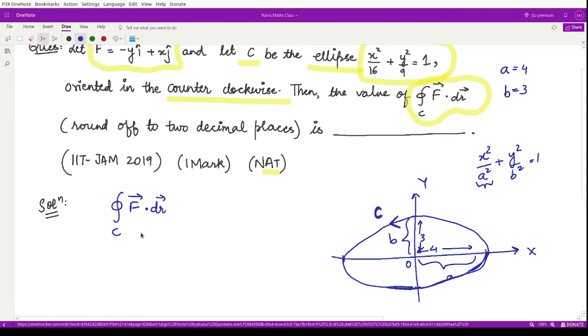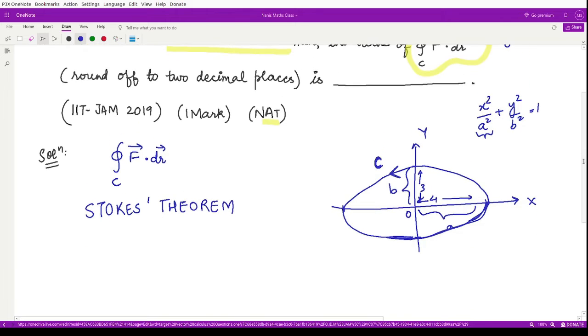Now one way to solve this is using Stokes' theorem, which is the one way I am using here. In Stokes' theorem, we convert this line integral into the corresponding double integral, the surface integral. So its formula becomes the double integral over the given surface S. What would be your surface? Your surface would be the one being covered by this ellipse, right?